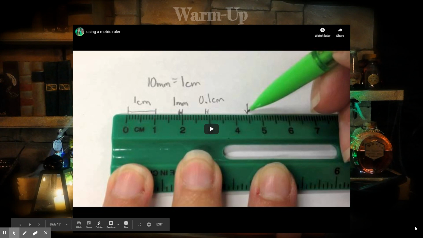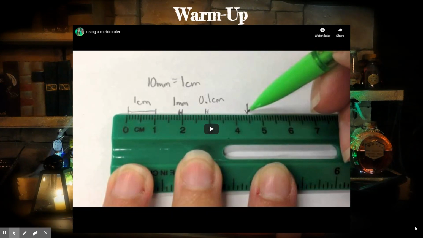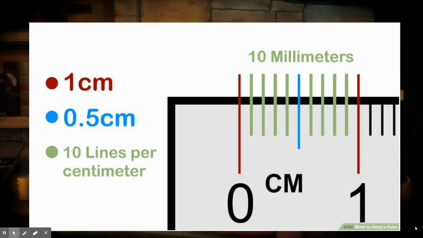The warm-up for today was just review, going over how to use a metric ruler. Hopefully that is just review. You can view that in Canvas should you need to or if you want to. And here's just a reference guide.